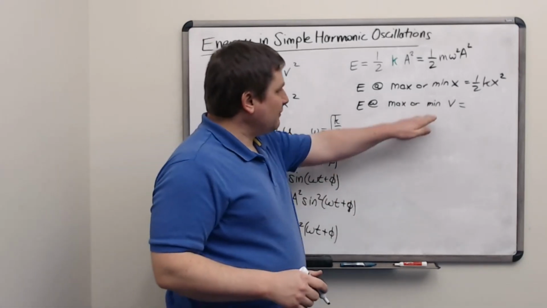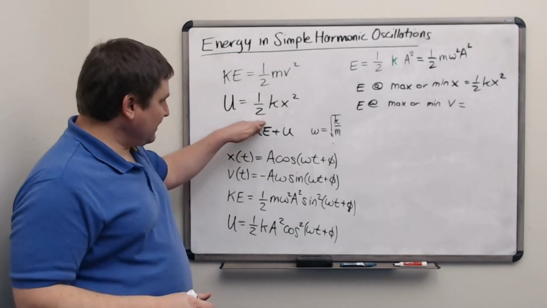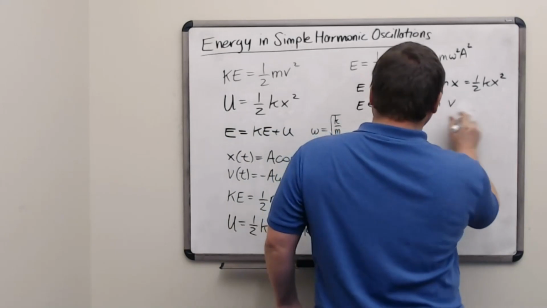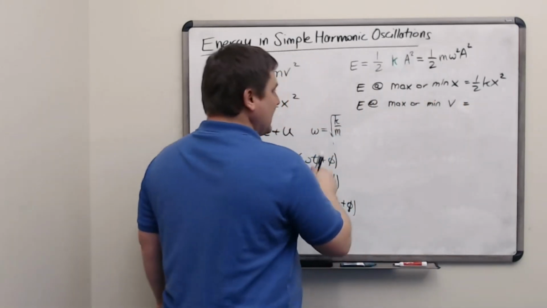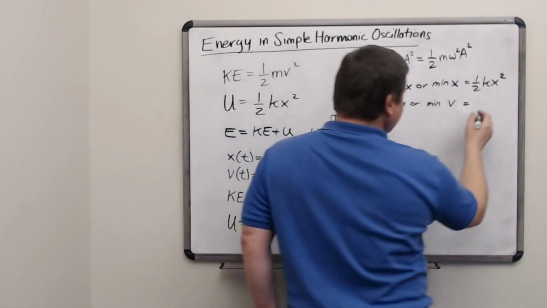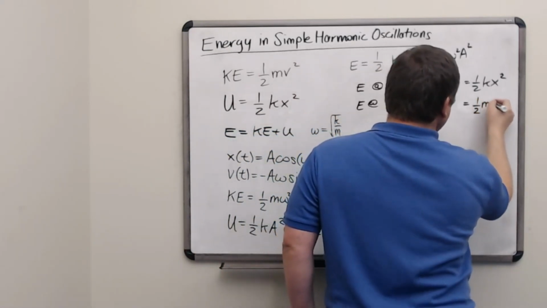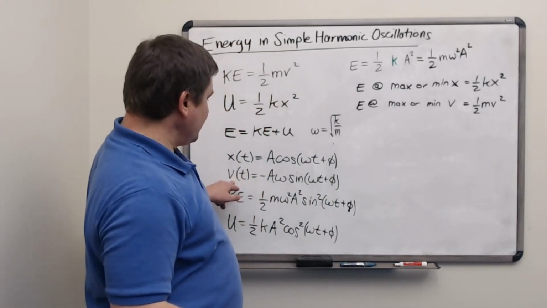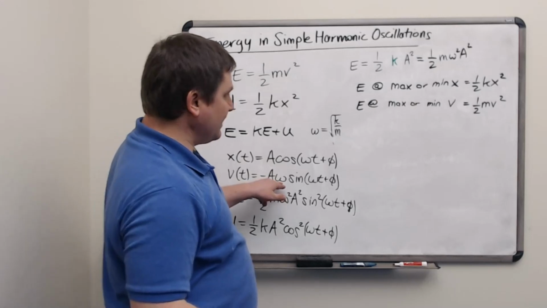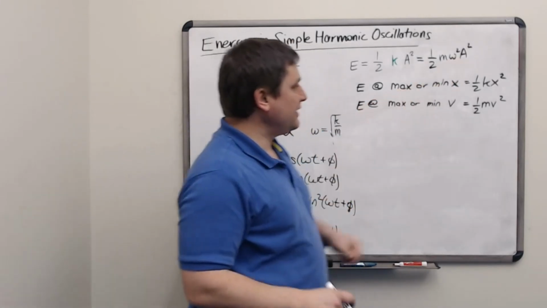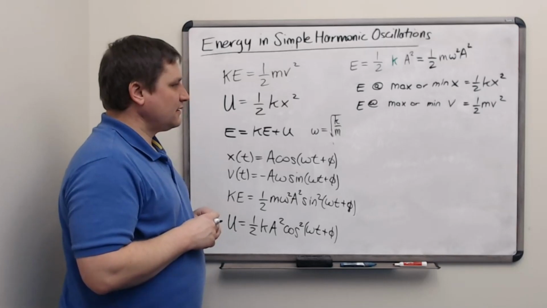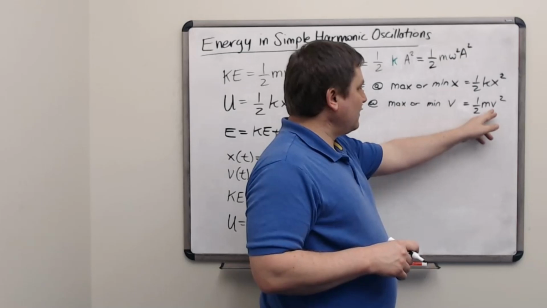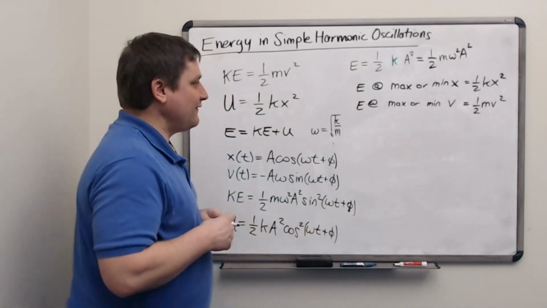So when the position is 0, the potential energy is 0, and all the energy is then in kinetic. So when the object is at its maximum or minimum speed, the energy is equal to 1/2 mv squared, because v is proportional to a times omega. So this a times omega here is v. And at the max or min, it would be 1/2 mv squared.